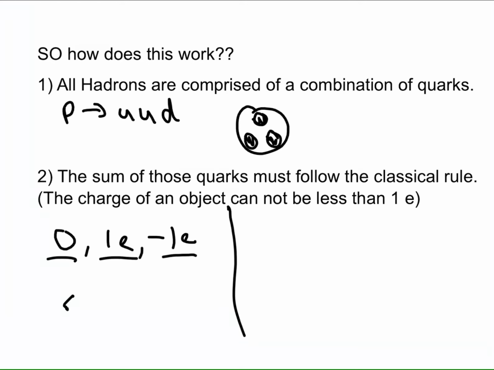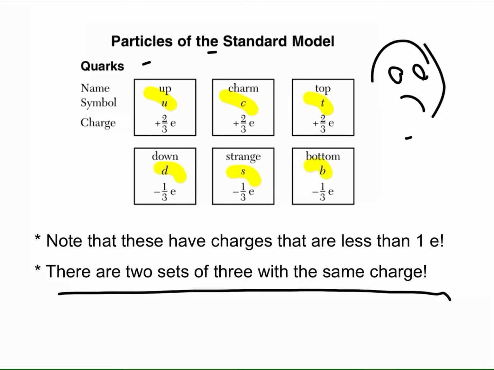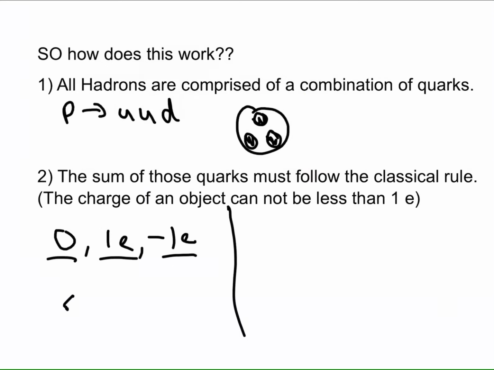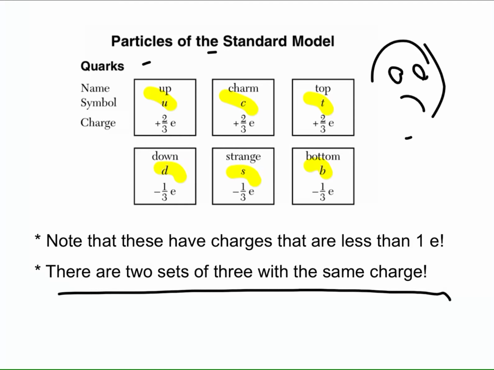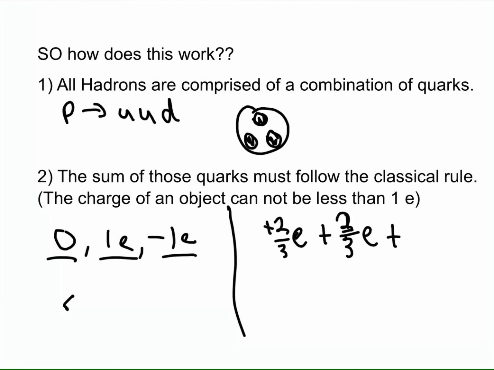A proton has an up. Looking at the charge, up is 2/3. So we've got positive 2/3 E plus positive 2/3 E plus a down. A down has a charge of -1/3 E. So this is our up, up, and down.